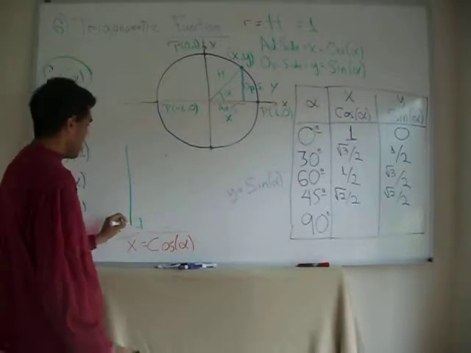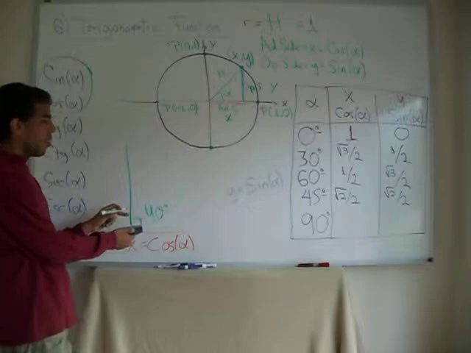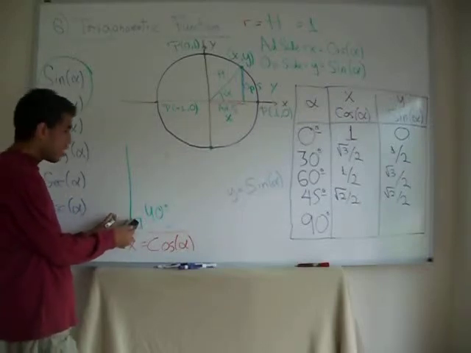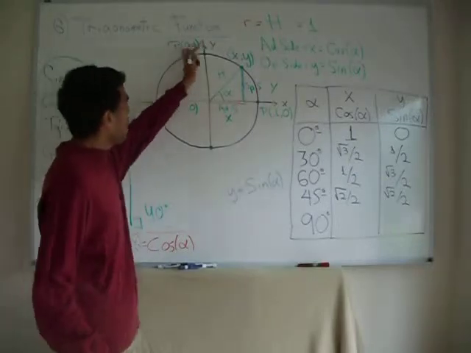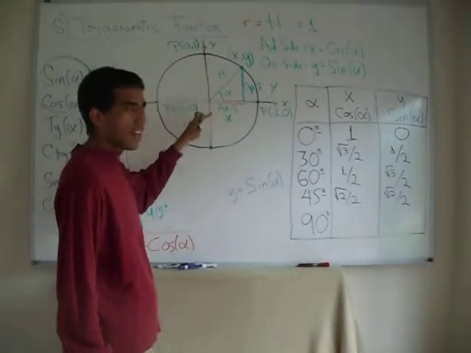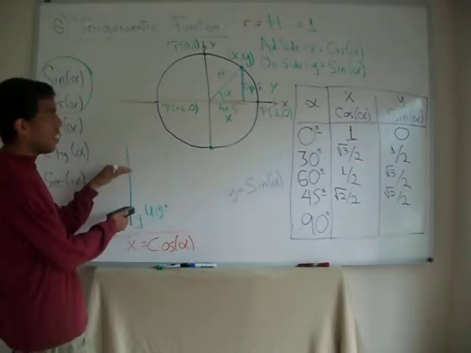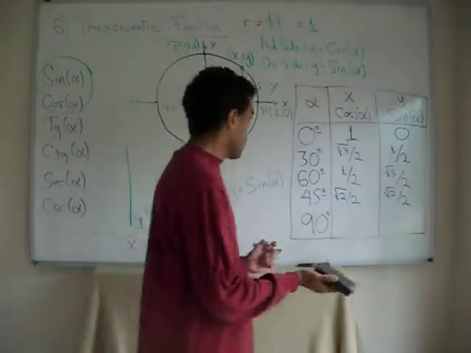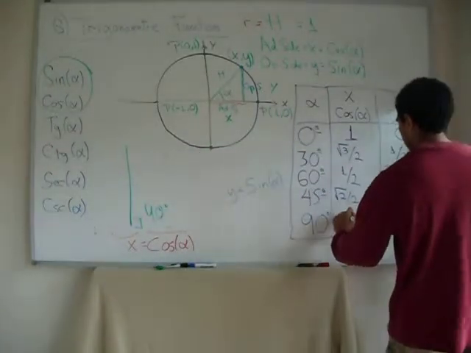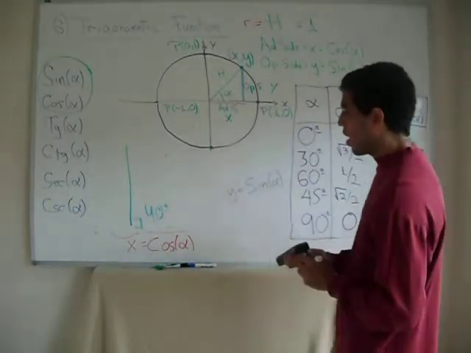Because the degree is 90. And if the degree is 90, what is the distance x? It's 0 because you're right here across the y-axis. And y, on the other hand, is equal to the hypotenuse, meaning it's 1. So cos of 90 is 0, while sin of 90 is 1.